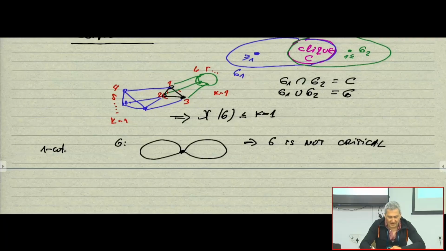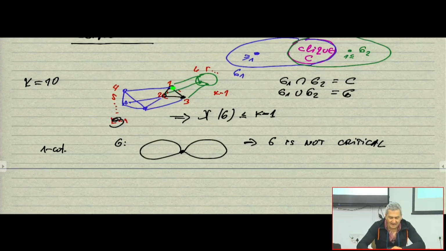Let's say k is 10. So I put 1, 2, 3 up to 9. This is a smaller graph. And the other part is also k-1 colorable. But I use the same colors 1, 2, 3 in the clique, so I go 1, 2, 3 up to 9.